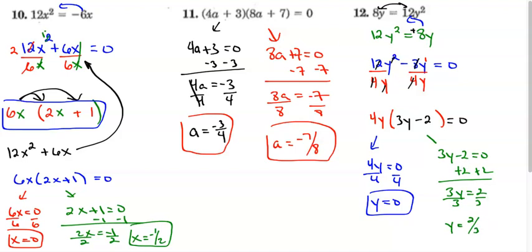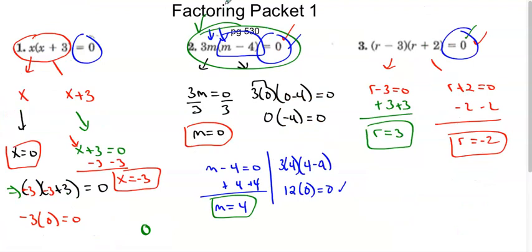So in this portion of the packet, or in this section of the textbook, they are giving you the polynomials already in factored form. And they're asking you to find the zeros of the function. This is finding the zeros. Which numbers will make this function equal to 0?